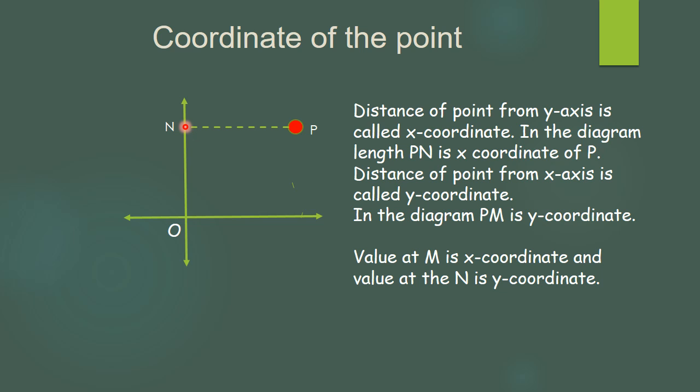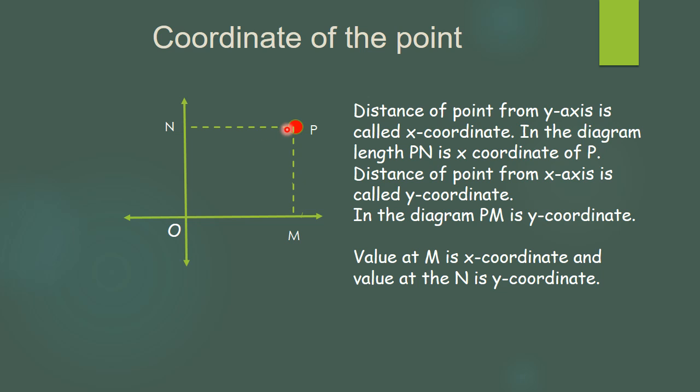One way, we can measure this length with a scale, or if it is on a graph we can measure from the graph. But instead of that we will draw another perpendicular. As I have drawn the perpendicular, PMON becomes a rectangle. As it is a rectangle, the length of PN will be the same as OM, and since the numbers are already written on the axis, it becomes very easy to count rather than measuring the length.